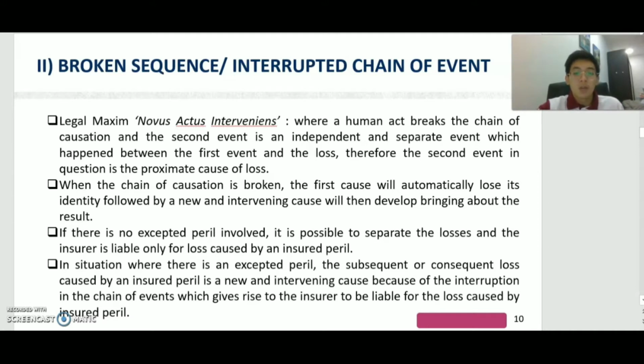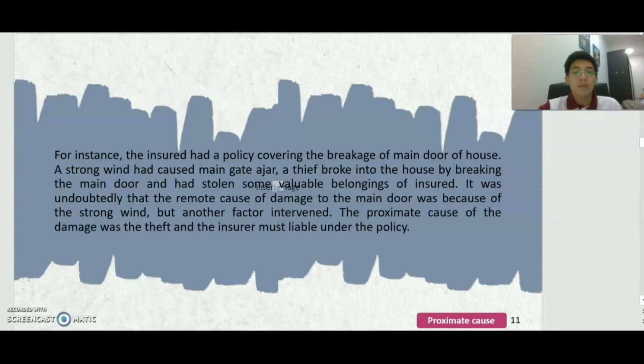However, where there is an excepted peril, the subsequent loss caused by an insured peril is a new and intervening cause because of the interruption in the chain of events, which makes the insurer liable for the loss caused by the insured peril.